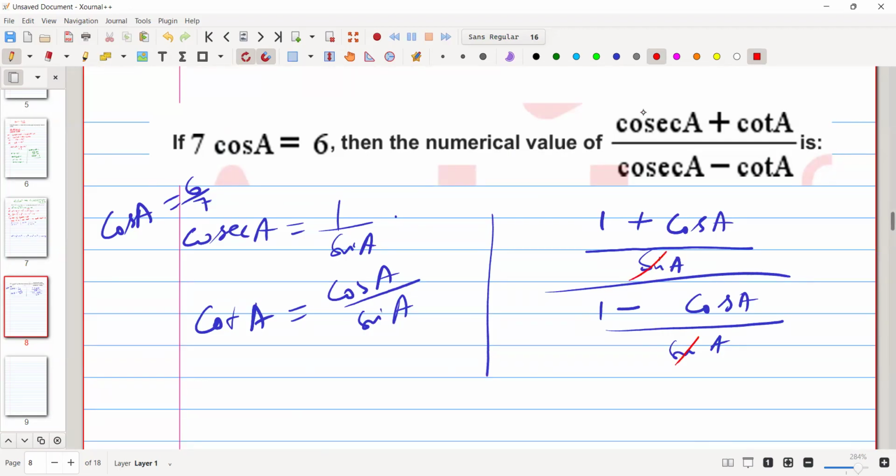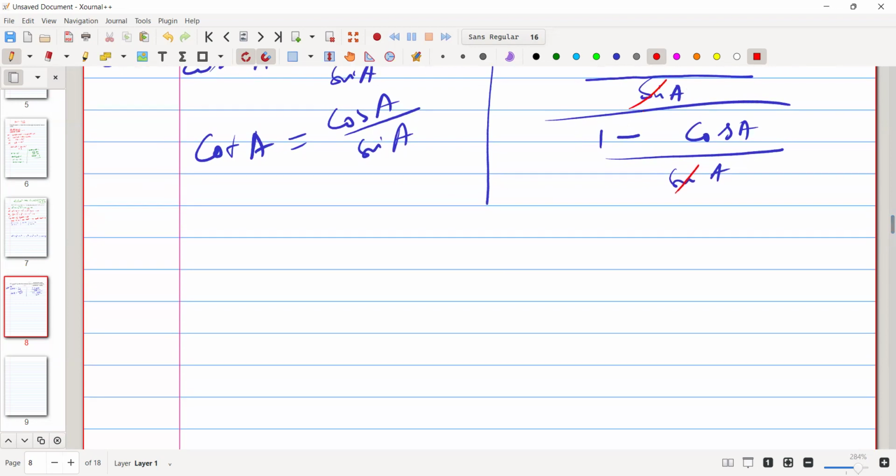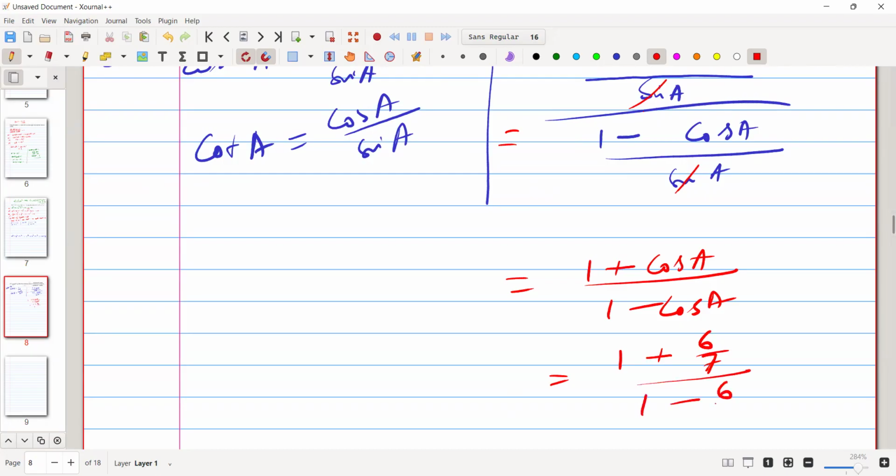That's why we need to just find the value of the expression 1 plus cos A by 1 minus cos A. And here you see that 1 plus 6 by 7 by 1 minus 6 by 7.